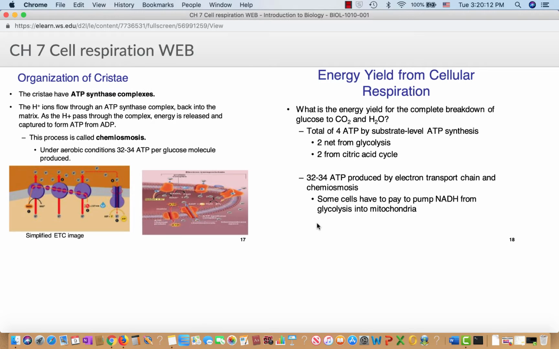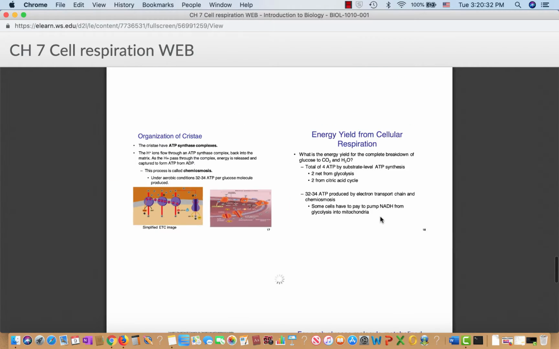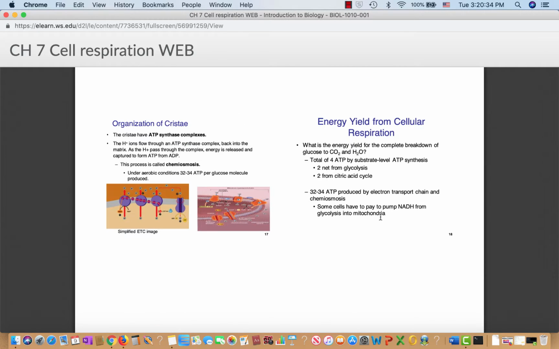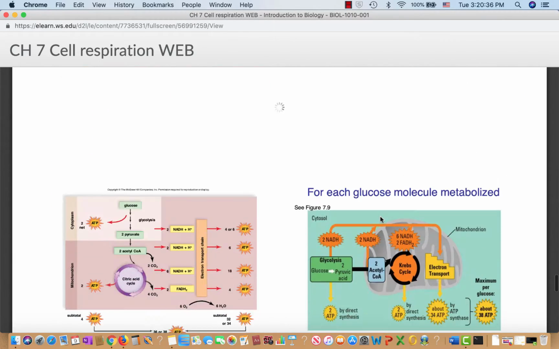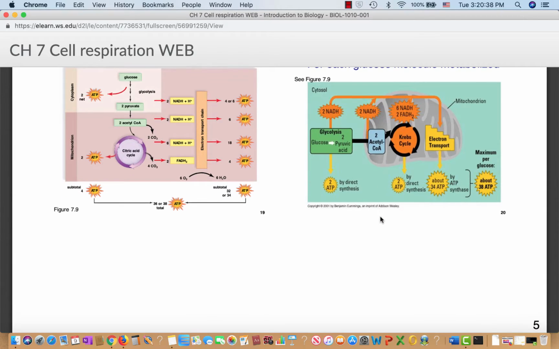And then some cells have to pay to pump NADH from glycolysis into the mitochondria. That, if I'm remembering correctly, kind of explains the discrepancy here, because some cells are burning a bit of energy to pump the NADH around, and others don't have to go through that process, so they get a little more net out of it.